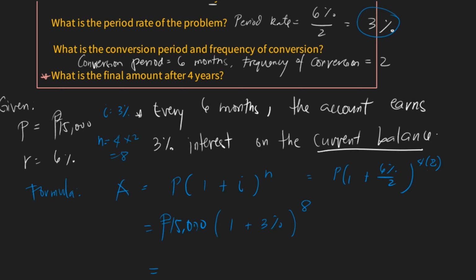So the final amount after 4 years is 19,001.55.